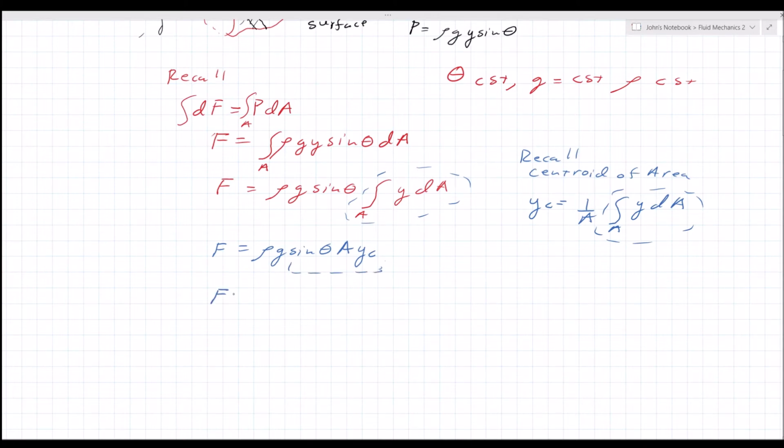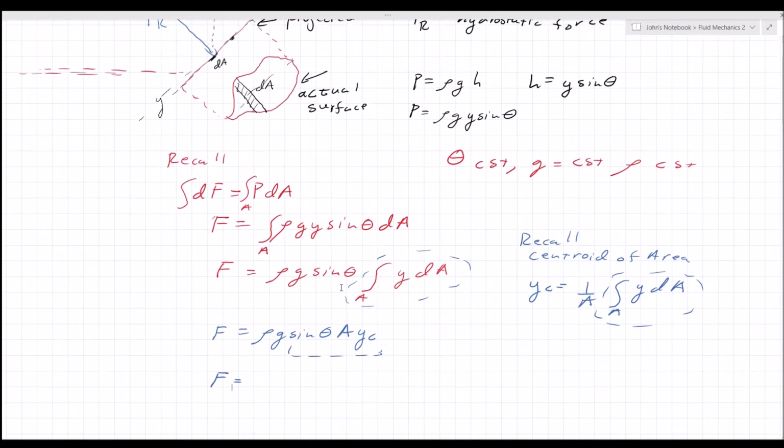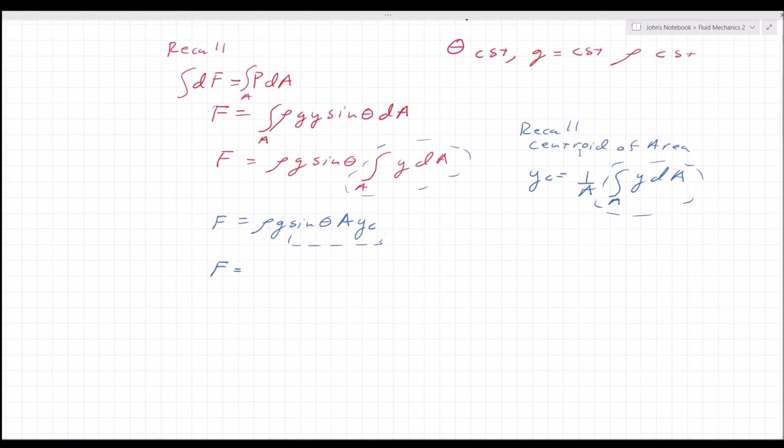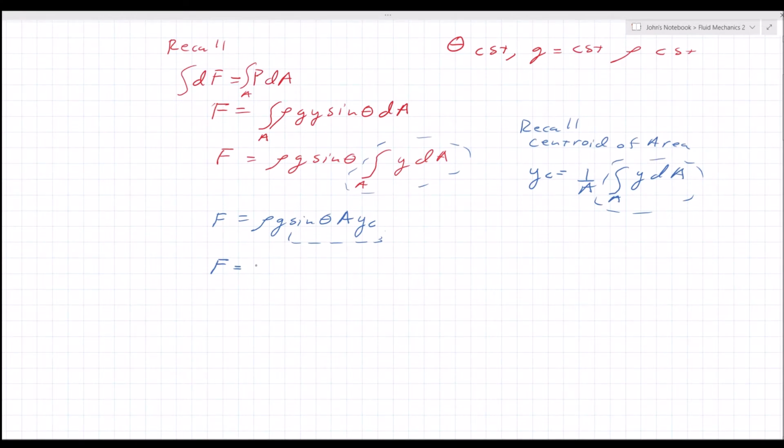So let's simplify it even some more. Well, if h is equal to y sine theta, that means height of the centroid must equal the y of the centroid times sine of theta. Therefore, I can do rho g times the area times height of the centroid, or depth of the centroid.